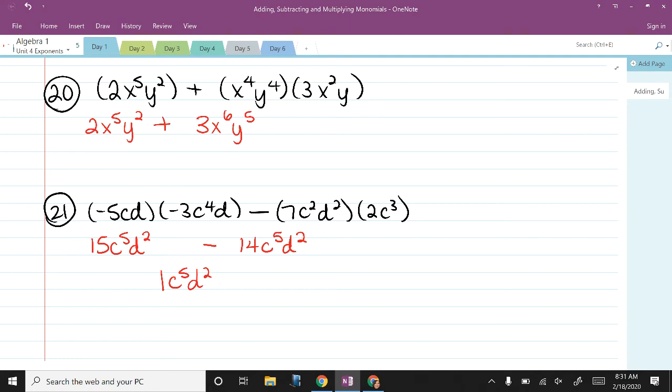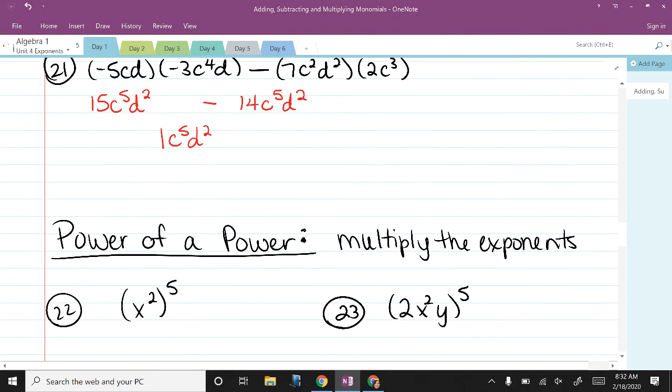All right, so there's the exponent rules. When we multiply two things that have the same base, we add the exponents, right? Okay. We're going to learn another exponent rule right now. It's called a power of a power. Write that down. Power of a power.